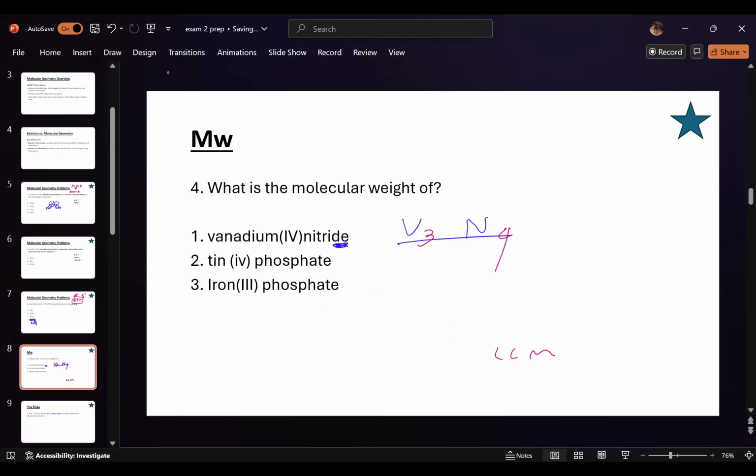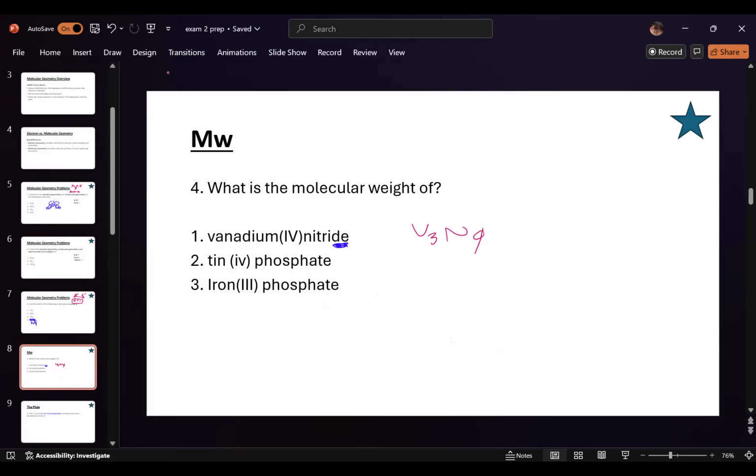Let me double check the vanadium: V3N4, vanadium nitride. Yes, perfect. It will be V and 3. There we go. Sorry, me explaining it made me overthink a little bit.